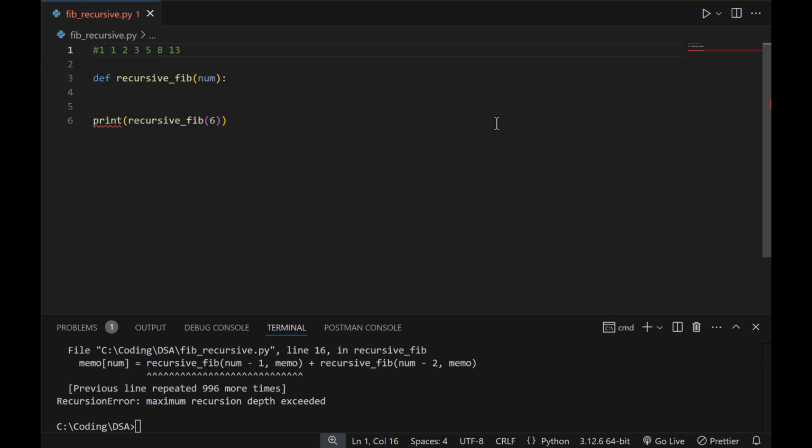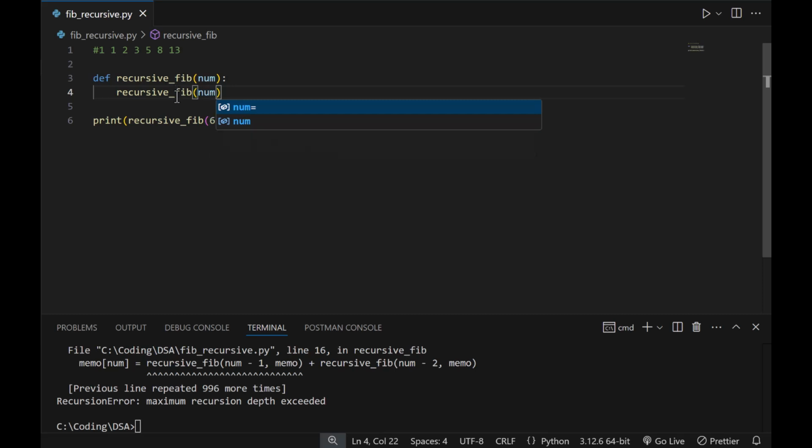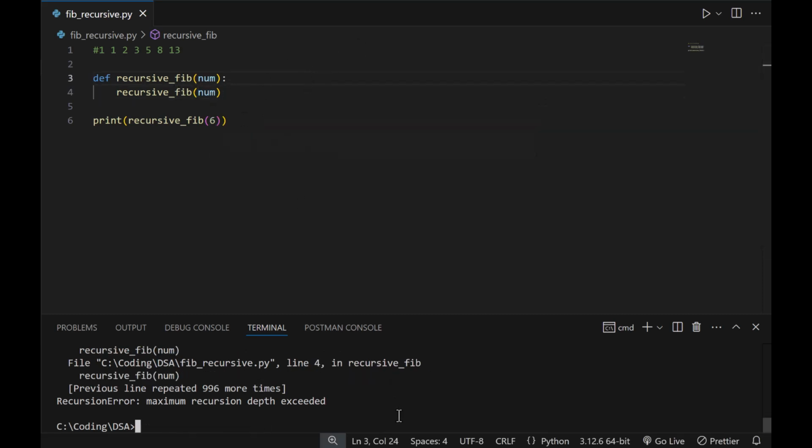All right, the first thing we're going to run into is a problem: when we have a recursive function, obviously the function is going to call itself. So for example, let's say I have recursive fib like this. This is going to be a problem, mainly because we're going to get a maximum recursion depth exceeded.